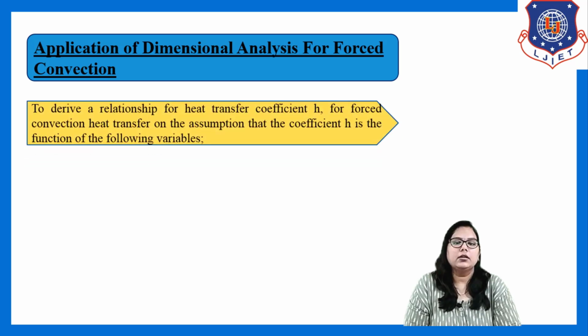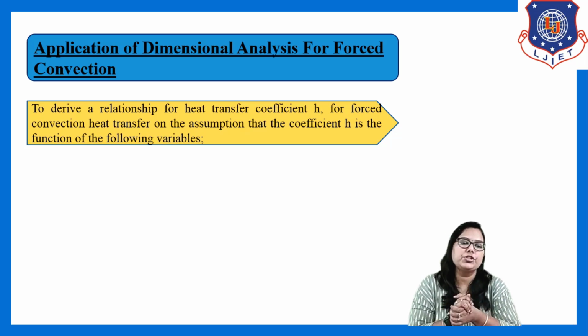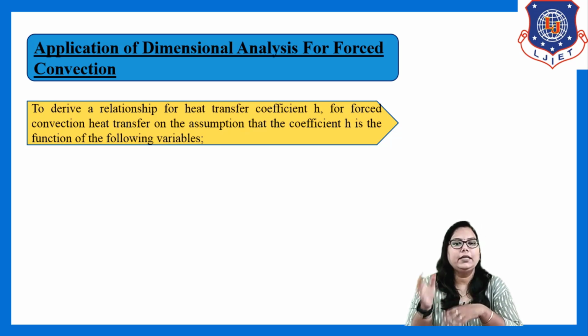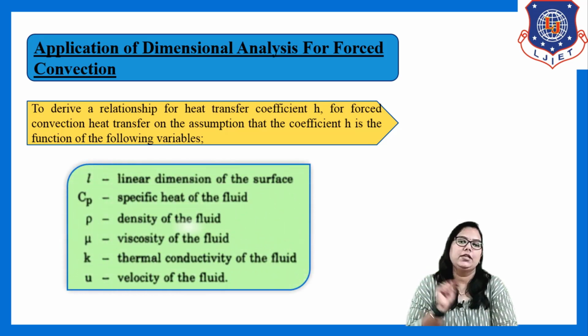So for the derivation purpose, to derive a relationship for heat transfer coefficient h for forced convection, we assume that coefficient h is a function of different variables. If I want a relation for heat transfer coefficient, we have considered that it is dependent on these variables.